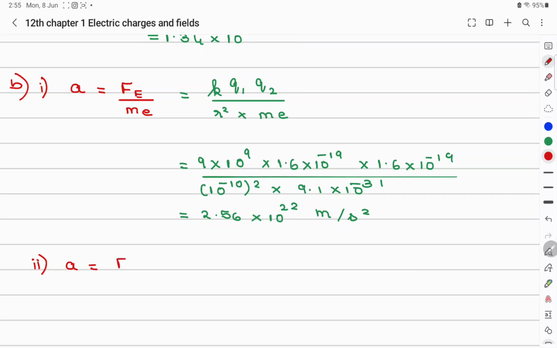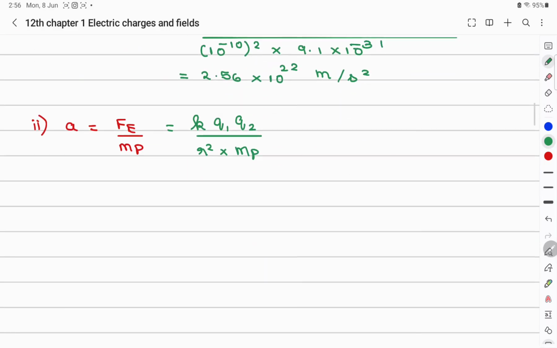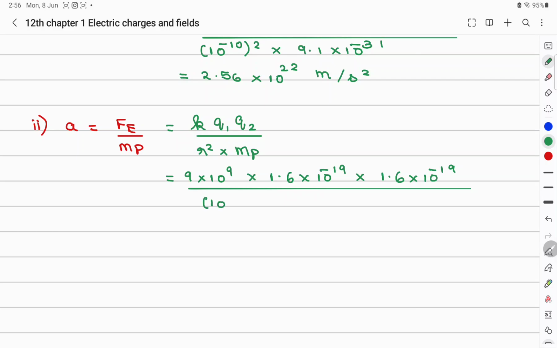So acceleration is equal to electrostatic force by mass of the proton, which is equal to K Q1 Q2 by r square into mass of the proton, which is equal to 9 into 10 to the power of 9 into 1.6 into 10 to the power of minus 19 into 1.6 into 10 to the power of minus 19 by (10 to the power of minus 10) square into the mass of the proton 1.67 into 10 to the power of minus 27.